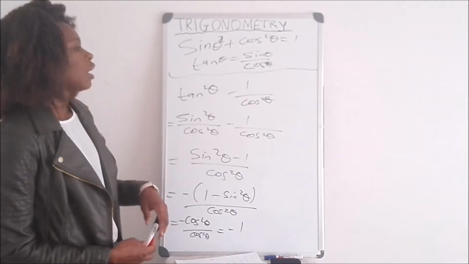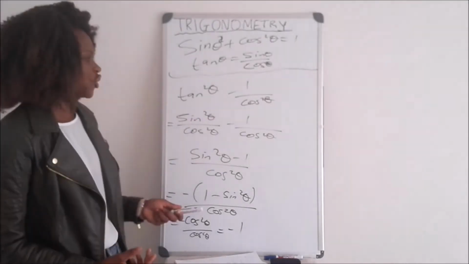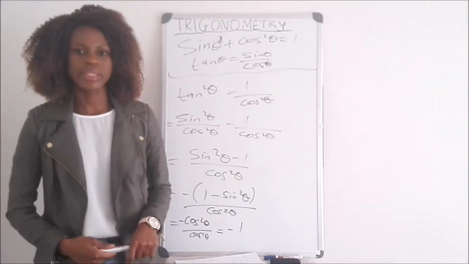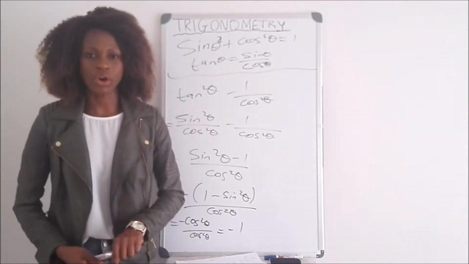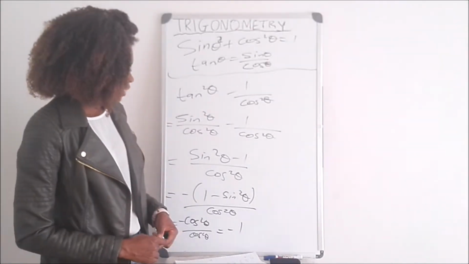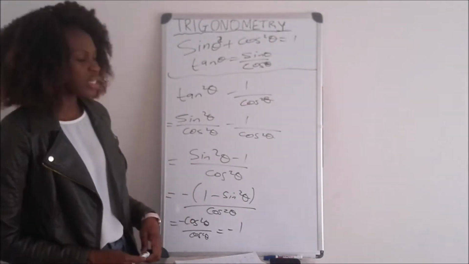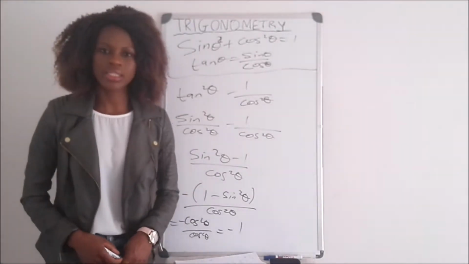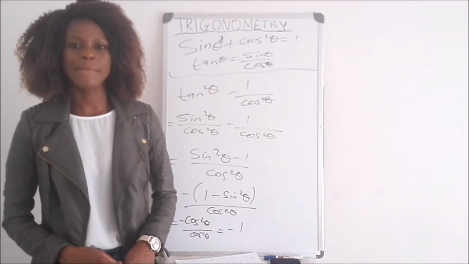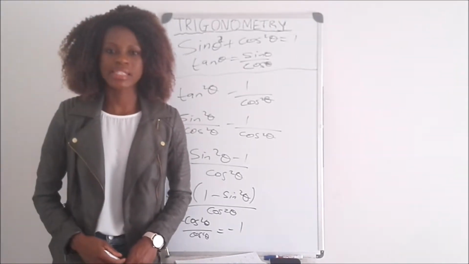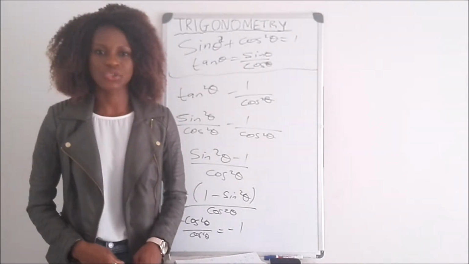Alright, from here, just a quick recap, we changed tan theta to be sin theta divided by cos theta. After coming to this one, we realized that sin squared theta minus 1 is not equal to cos squared theta, but cos squared theta is equal to 1 minus sin squared theta.